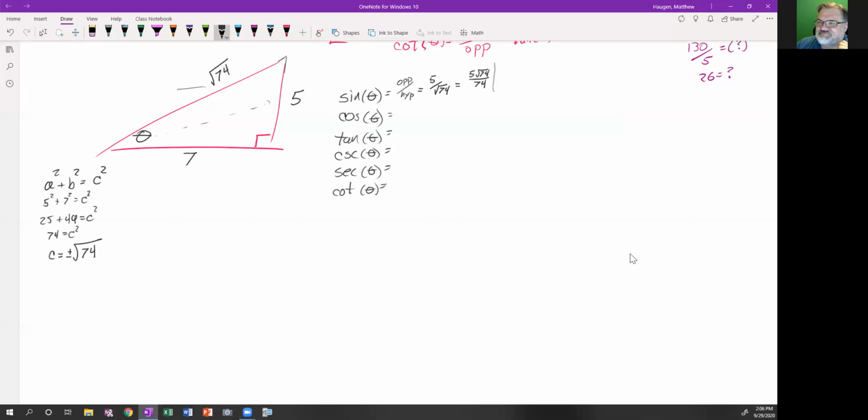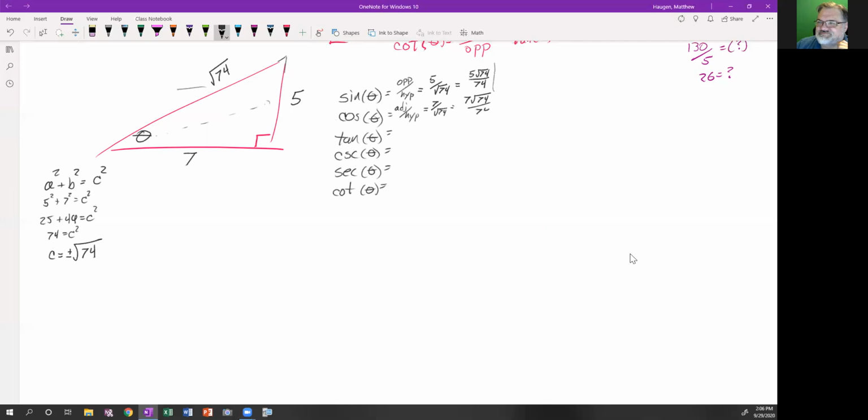Really, once we have that other side, the rest of them should go pretty fast. Our cosine function, we remember that's adjacent over hypotenuse. It does take a little while to get these all down. But the adjacent side to that angle is 7 in ratio to the hypotenuse, the square root of 74. So 7 over the square root of 74, which you will rationalize.